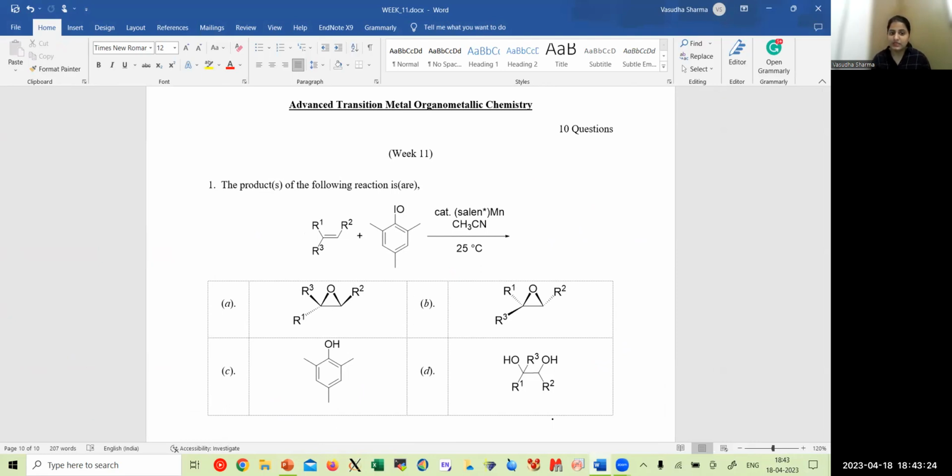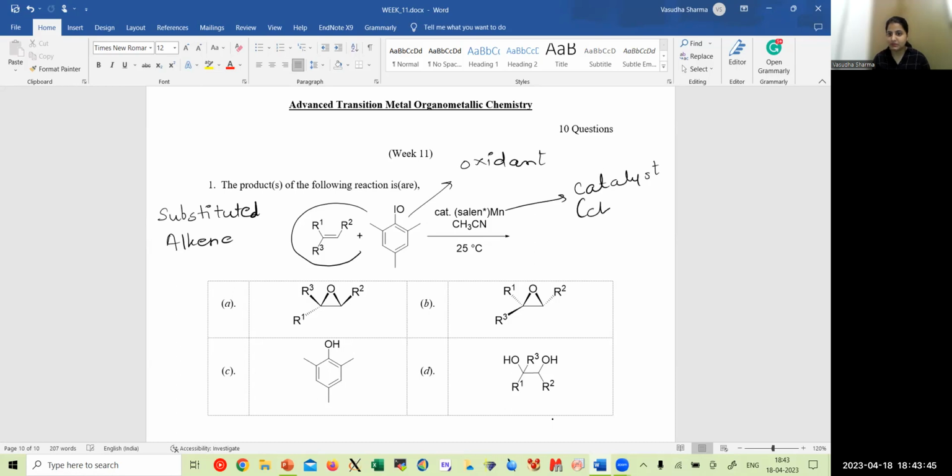So here, as you can see, first you have to see what is happening. This is nothing but your substituted alkene. And this is your oxidant. Now, as you can see, this is your catalyst with chiral ligand.